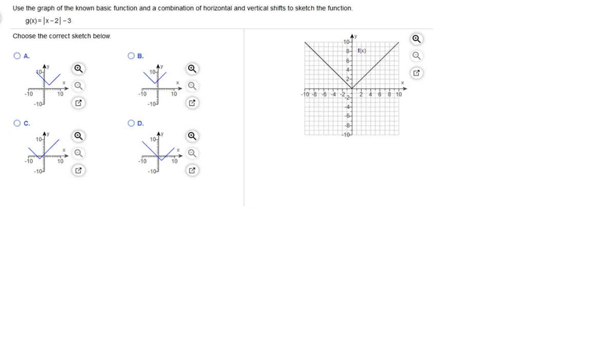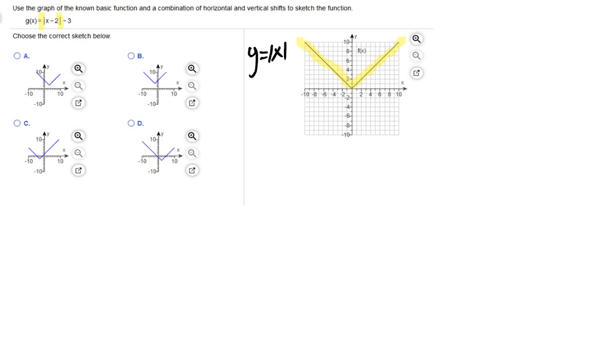So I'm going to start by recognizing those absolute value bars in the equation. Those absolute value bars tell me what the basic graph looks like. And in fact, this question gave us that information already. Y equals absolute value of x has this picture over here. This is the absolute value graph.